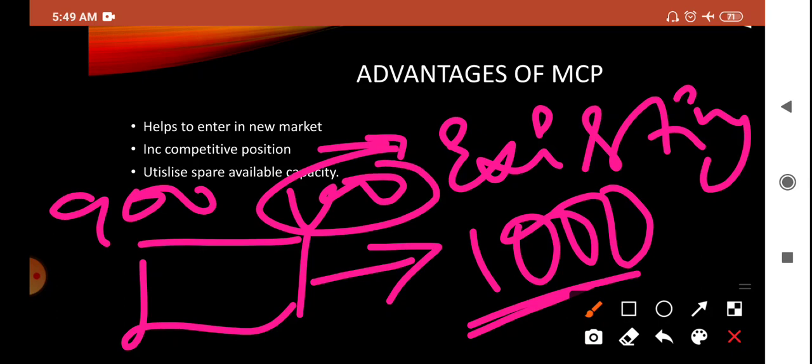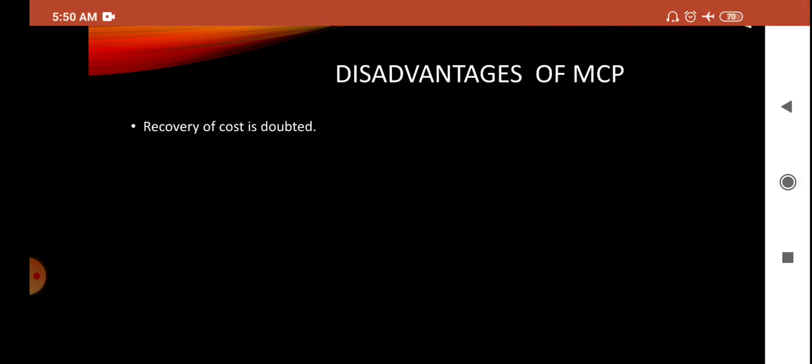If there is a high demand, if you improve your product, you can easily use this spare capacity. You can produce 1000 burgers and sell them in the market. You can utilize the spare, idle capacity of your machine. Those are the advantages of marginal cost pricing.